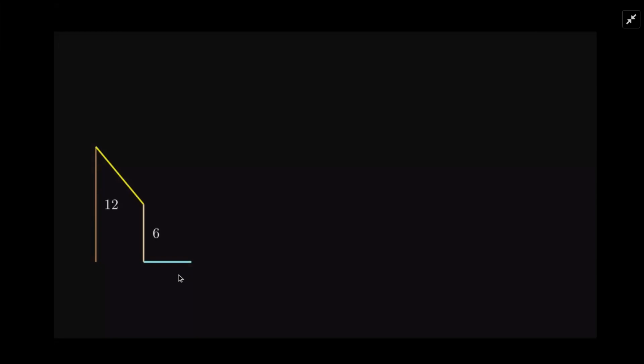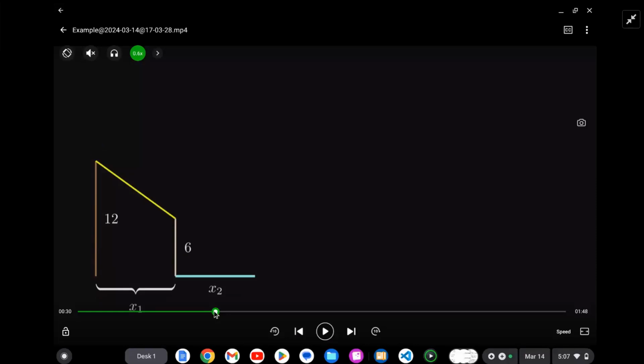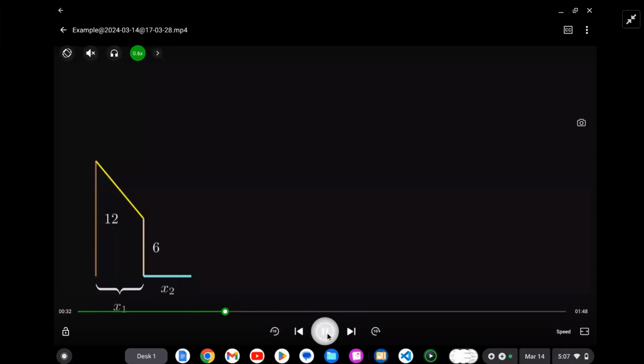Okay, first of all, let's label things. The distance of the lady from the pole is going to be called x1, and the length of the shadow is going to be x2.